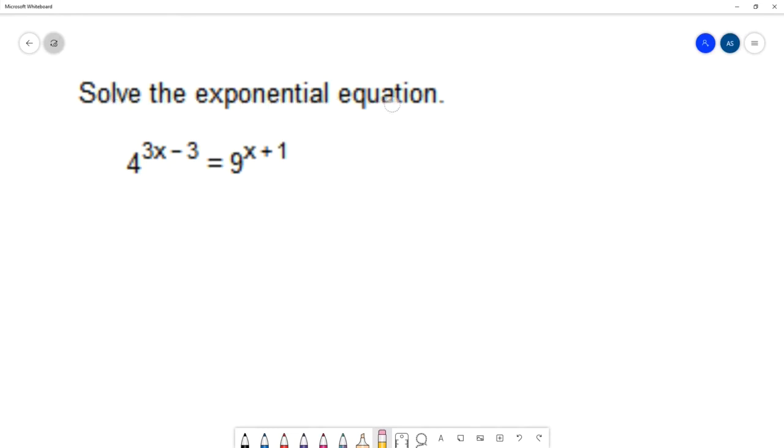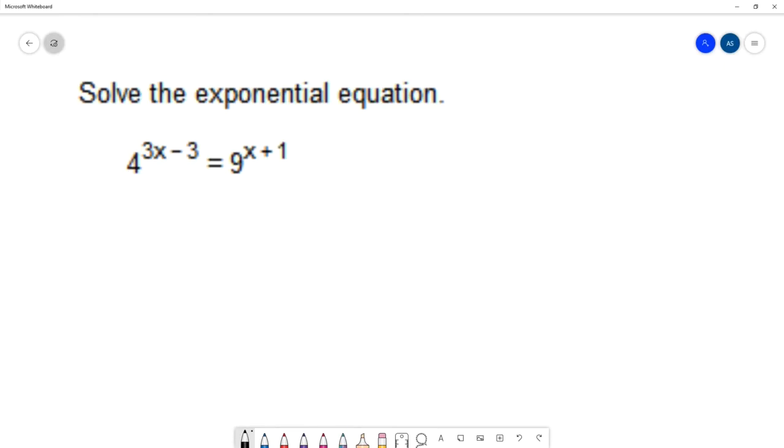Solve the exponential equation. 4 to the 3x minus 3 equals 9 to the x plus 1. We're going to solve this by taking the log of both sides. You can solve this by converting it to a log as well. But typically, on these problems, at the very end, we're going to type it in our calculator.